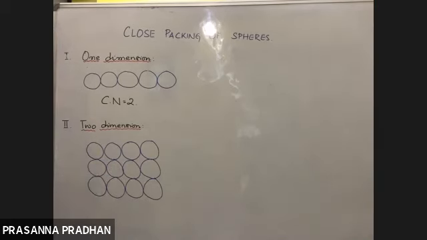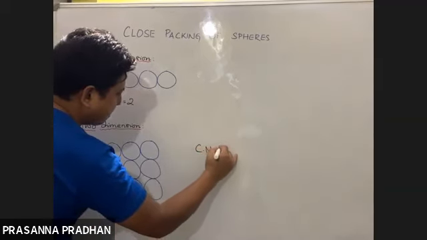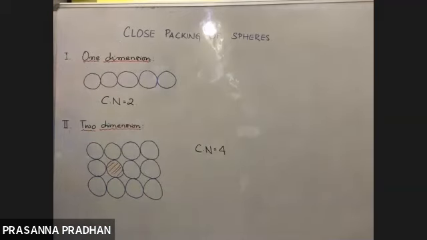Fine. Now you tell me, select any one sphere. So this sphere is in contact with how many spheres? 4. Okay, so what is the coordination number? The coordination number is equal to 4.